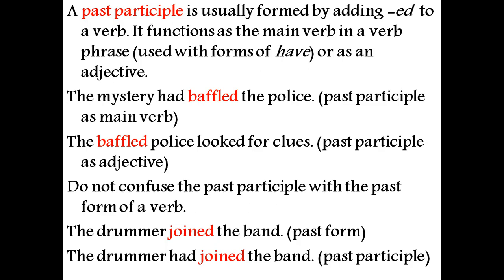So baffled here is the main verb. The baffled police looked for clues. Past participle as an adjective. So in the second example, baffled is used as an adjective, while in the first one it is a main verb.